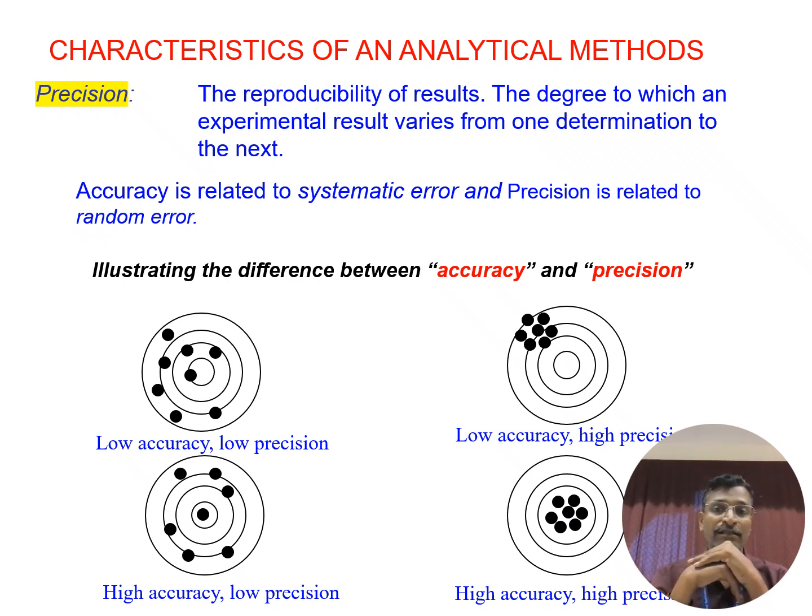And then we studied errors, that is determinate errors and indeterminate errors. And finally, we studied accuracy and precision. Hope you understand the concept of introduction of analytical chemistry. Okay. Thanks for listening to my class.